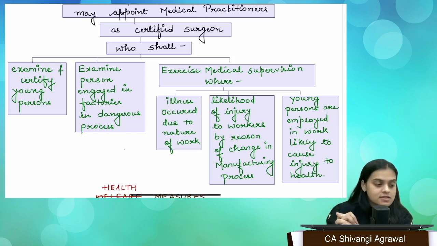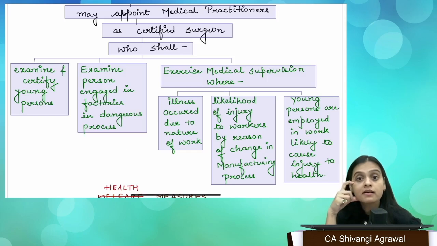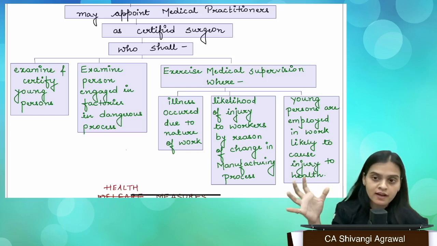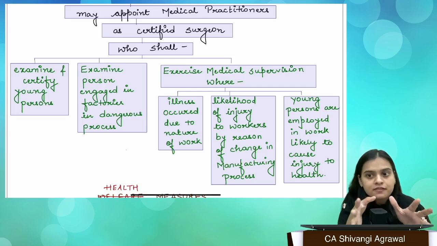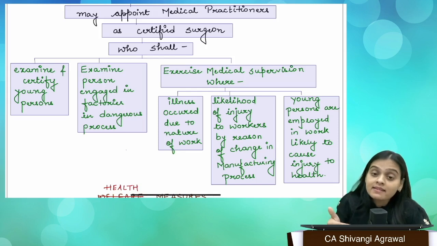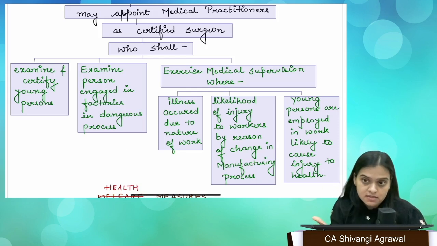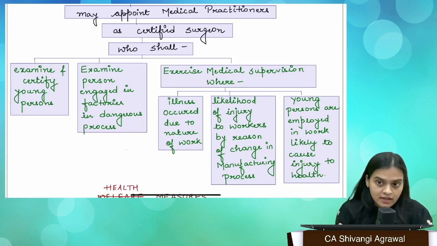First thing you have to understand is that a child is actually prohibited from working in a factory, but a child also has a different category. Somebody who has completed the age of 14 years is still a child till he completes the age of 15 years, but he is allowed to work in the factory.